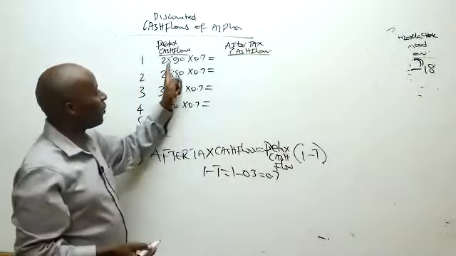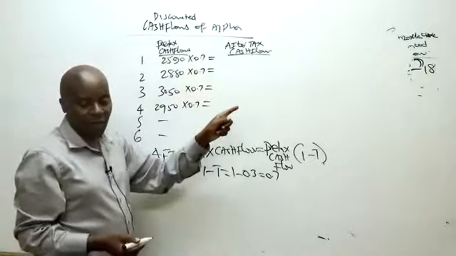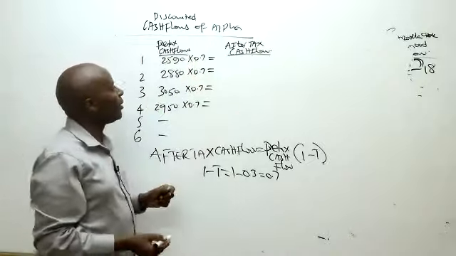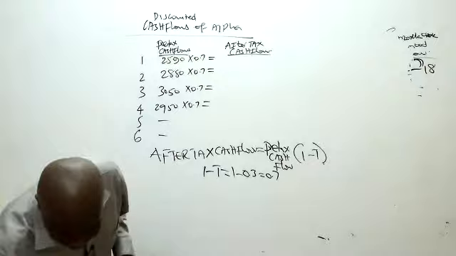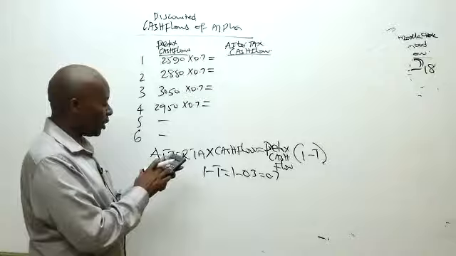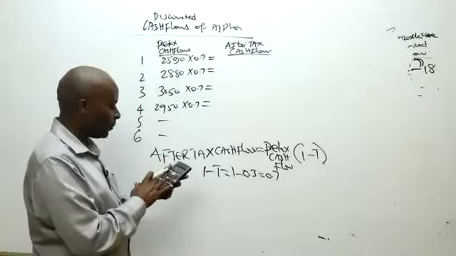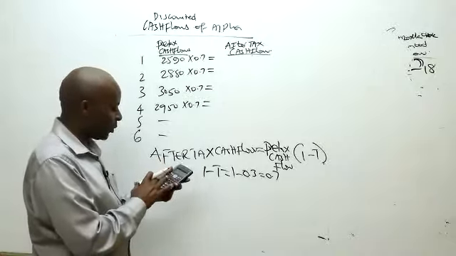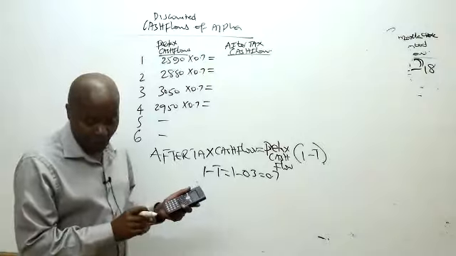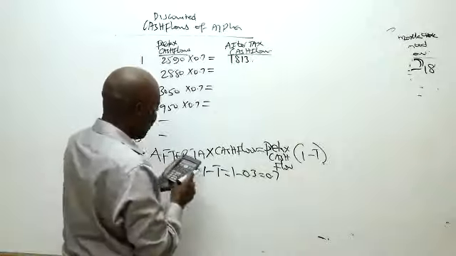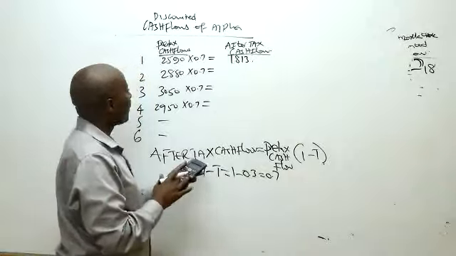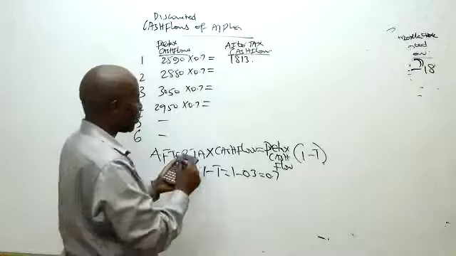So you take 2590 times 0.7, and we write the figure here. So we have here 2590 times 0.7, giving us 1813. From there we have 2880 times 0.7, giving us 2016.